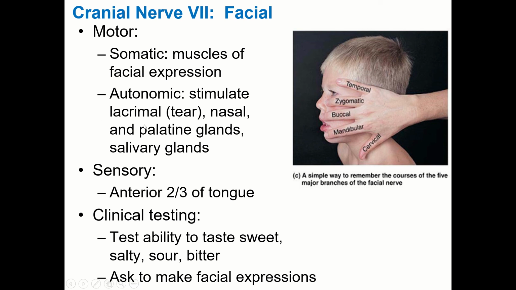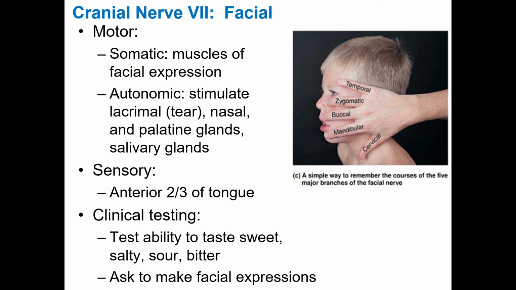So it stimulates mucus secretion from the glands in the nasal cavity, also the palatine glands, and then stimulates production of saliva as well. So basically, from an autonomic standpoint, the facial nerve initiates secretions, whether those are tears or saliva or mucus.